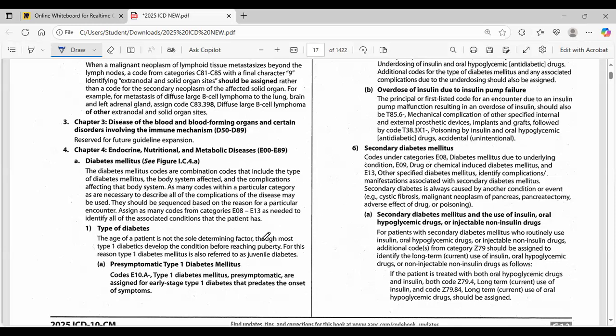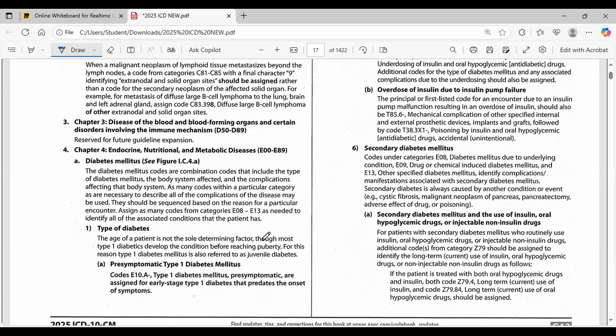The exception to that guideline is if the patient has anemia due to a neoplasm. In that case, we have to code the neoplasm as primary and anemia as secondary, even though the patient is coming for treatment of the anemia.